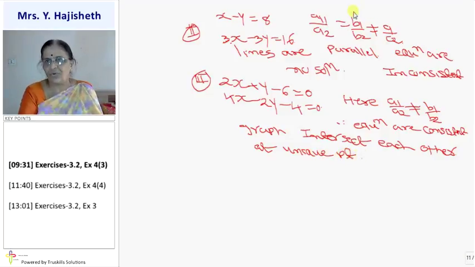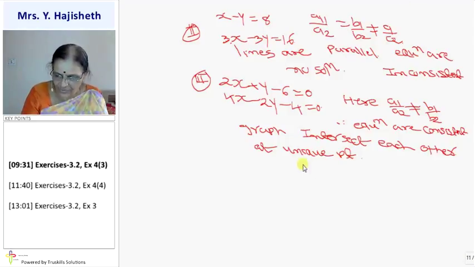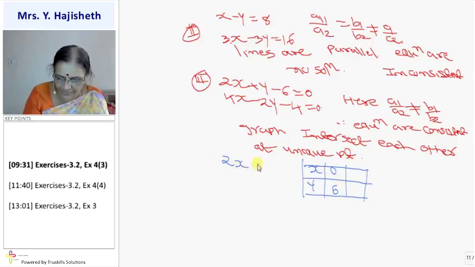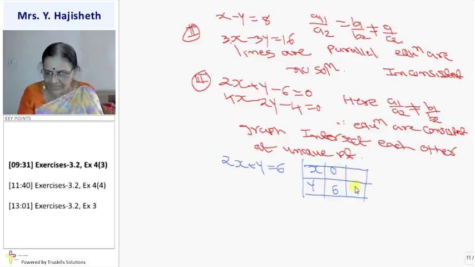As you know, you take two solutions of each equation, in order to draw the graph. x, y. x is 0, so y will be 6, because your equation is 2x plus y is 6. So when x is 0, y will be 6, and when y is 0, x will be 3.